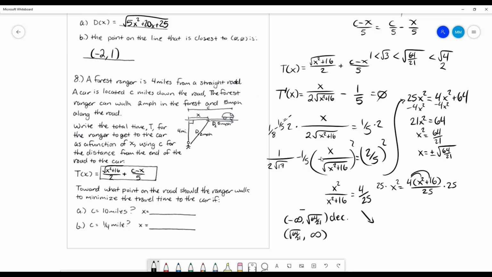If I plug in a 2 now, I get 2 over, well, those 2's cancel, so that turns into 1 over the square root of 4 plus 16. That's also bigger than 4, a little bit less than 5.